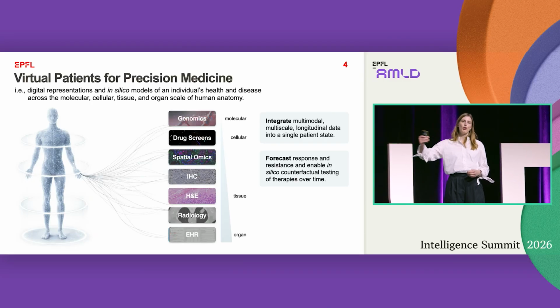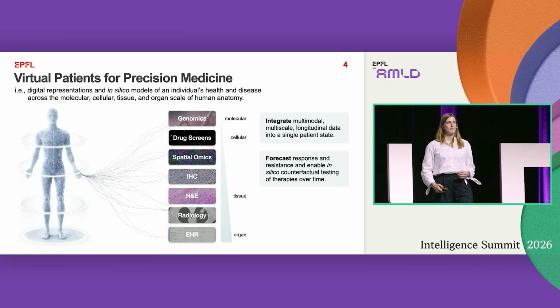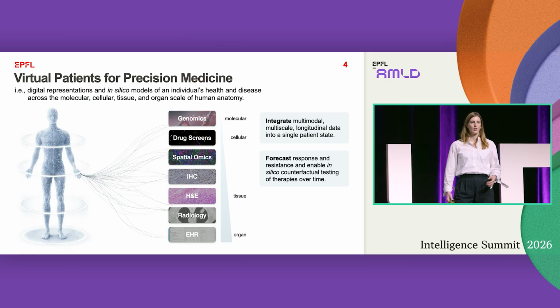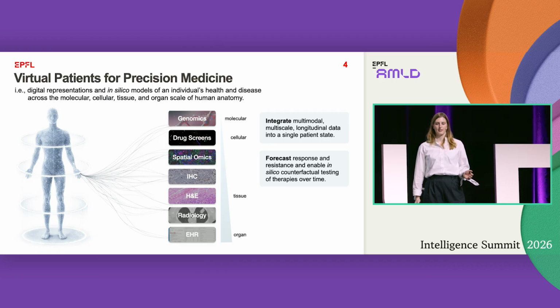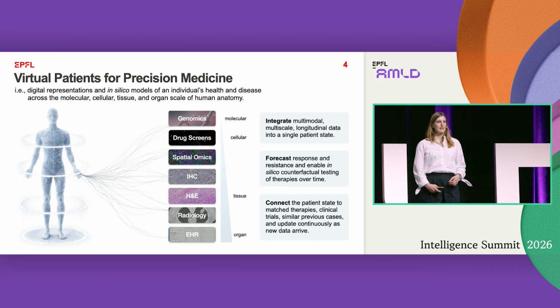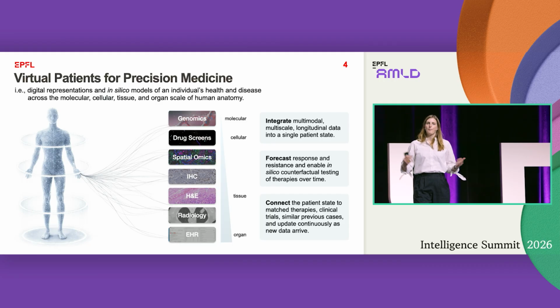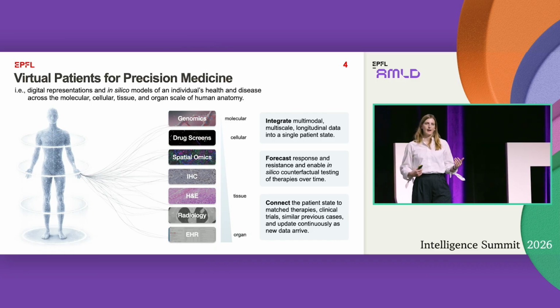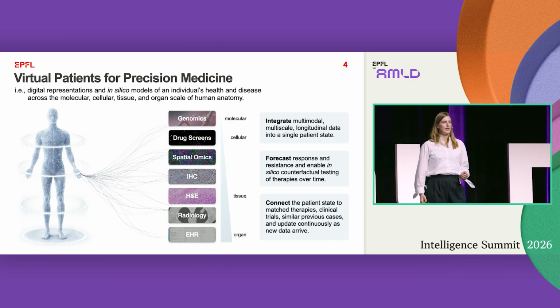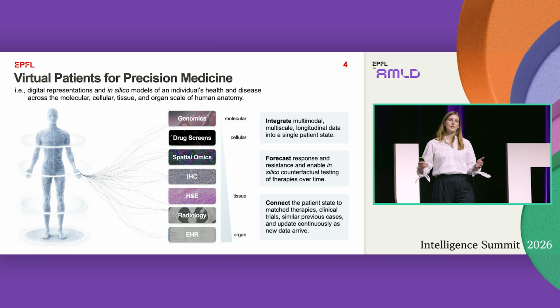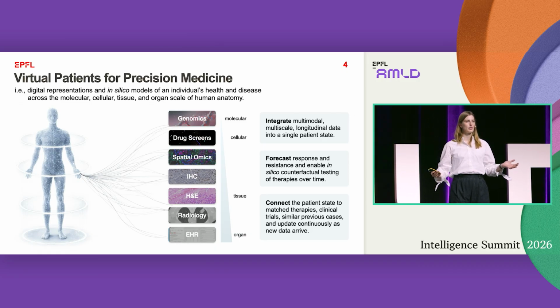We should be able to forecast and simulate possible outcomes of a therapy that I might be thinking of giving to this patient from all those clinically approved drugs. And then last but not least, we have such a compendium of patients that we've seen in the past. There are so many ongoing clinical trials, but the matching is getting harder and harder because we need to integrate everything we know, everything we measure of this patient in order to make those decisions.